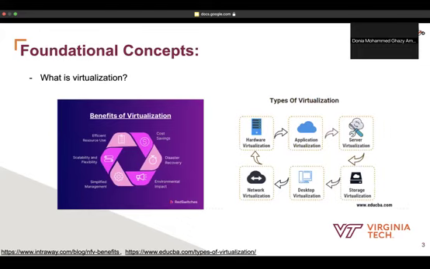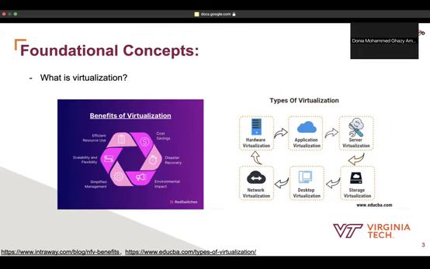So let's start with a foundational concept. What is virtualization? I believe that all of you are already aware of what virtualization is, but just in case, it basically allows multiple operating systems or VMs, virtual machines, to run on a single physical machine by abstracting the hardware resources.